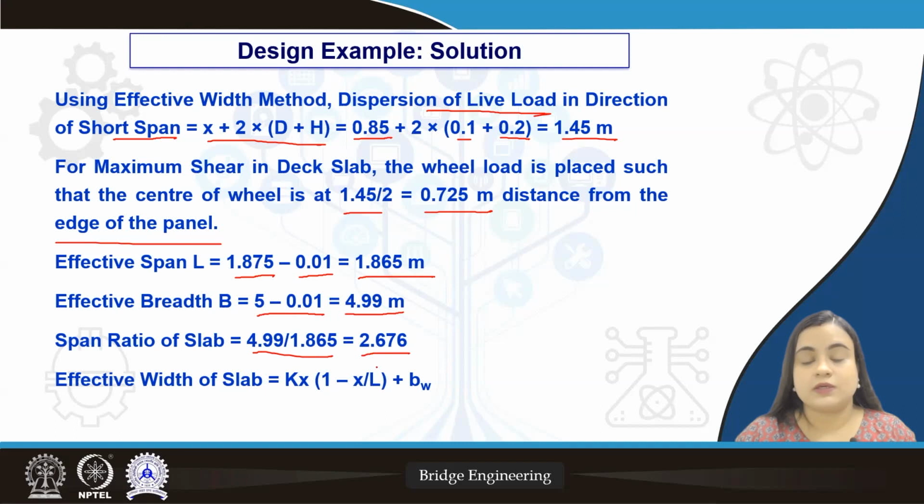Now, effective width of the slab using effective width method can be obtained by this expression: k times x times 1 minus x by L plus Bw. We are familiar with this expression because we had discussed this in module 2.